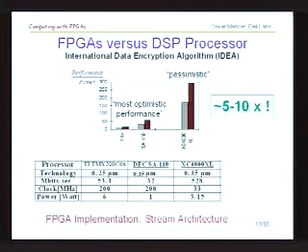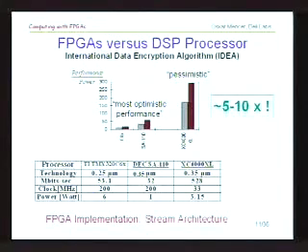I was looking at two architectures here, the Texas Instruments and the Digital StrongARM, and basically figured out that we could get 5 to 10 times better performance over power, or power delay product, any way you want to look at that.